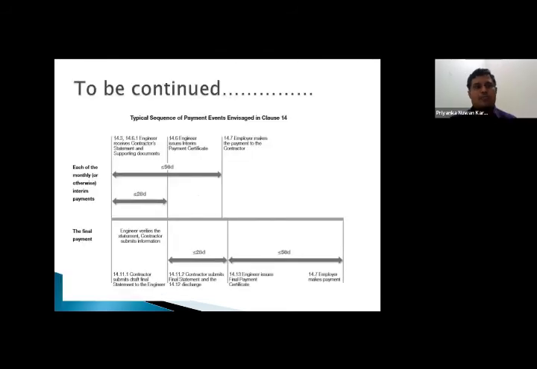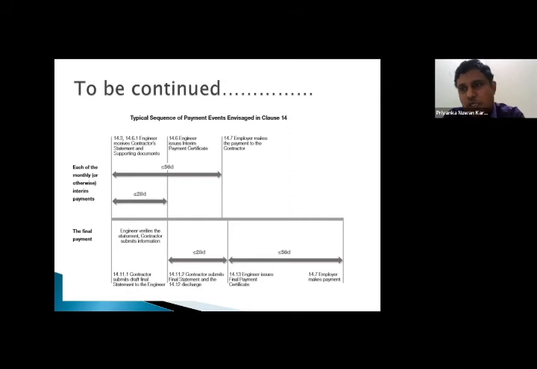Now, the last slide, which I will just introduce to you, and I will wrap up today's session. I request SLQS next time. I need at least 1.5 hours in order to complete the practice portion as well as the comparison related to the conditions of contract and the legal context of valuations and payments. Especially, I will go through the 13 items contained within the Oman conditions of contract.